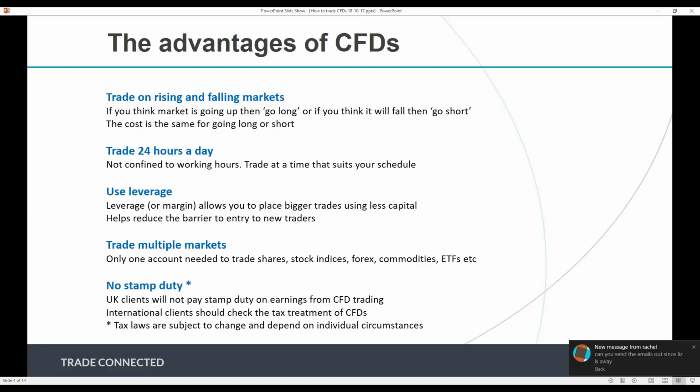If you wanted to buy a share that's worth $1,000, but you only have $1,000 in your account, then obviously that's quite restrictive because you're literally buying just one share with all your money.